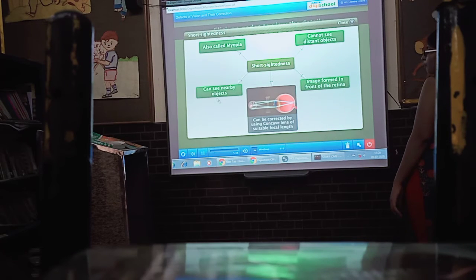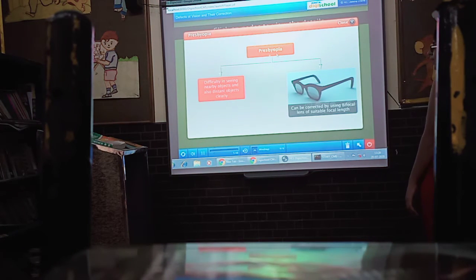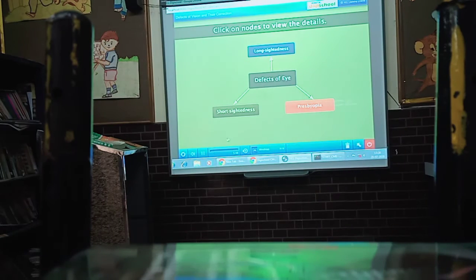It is called myopia, can see nearby objects, cannot see distant objects, and image is formed in front of the retina. And in presbyopia, the person has difficulty in seeing both the nearby and the distant objects clearly. It can be corrected by using bifocal lenses of suitable focal length. Clear to you all?